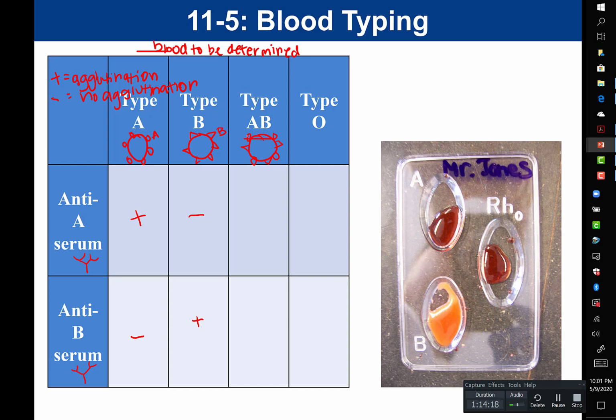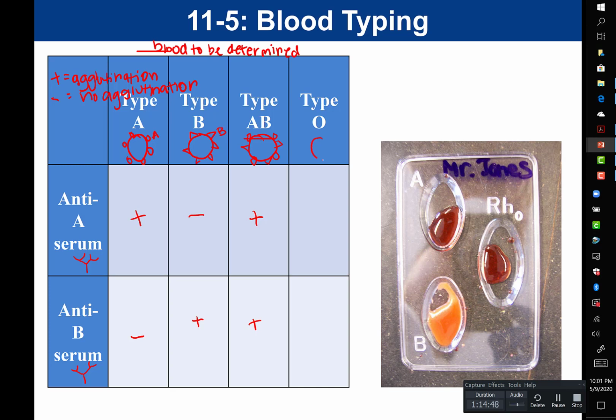If we mix it with anti-A antibodies, we are going to get agglutination because the A carbohydrate is found on that blood. If we mix type AB blood with anti-B antibodies, we will get agglutination because that antigen is found on the blood cell. So we would get agglutination in both for AB.